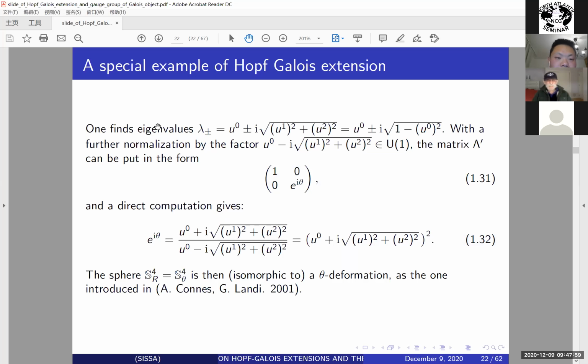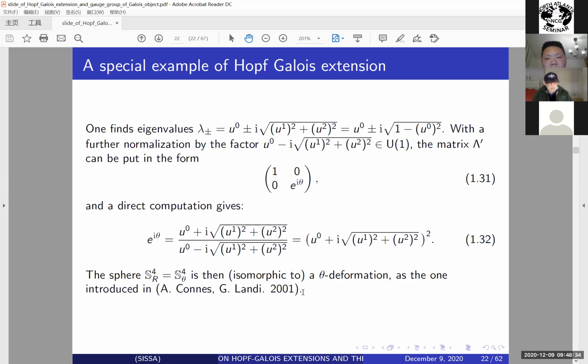After calculating the eigenvalues of this 2x2 matrix, we can diagonalize it with diagonal elements 1 and e to the i theta, where e to the i theta is equal to the difference of the two eigenvalues. We can see this as a sphere with theta deformation, as introduced by Alain Connes and Giovanni Landi in 2001.